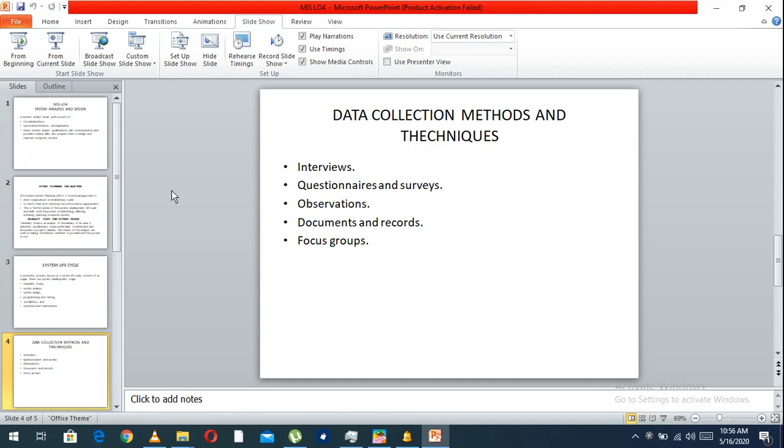The next one is observation. We collect data using observation. This is whereby someone goes and does an observation whereby he does not participate.